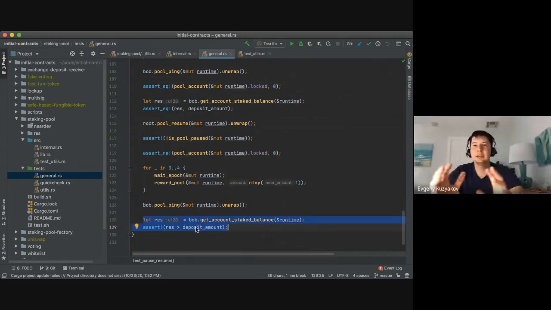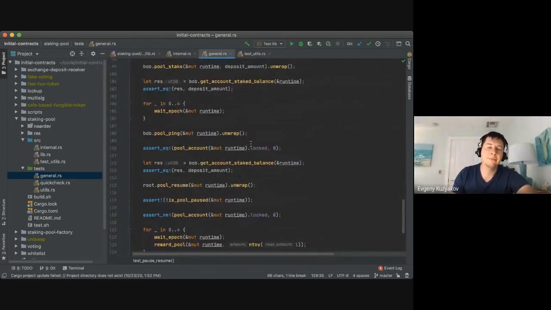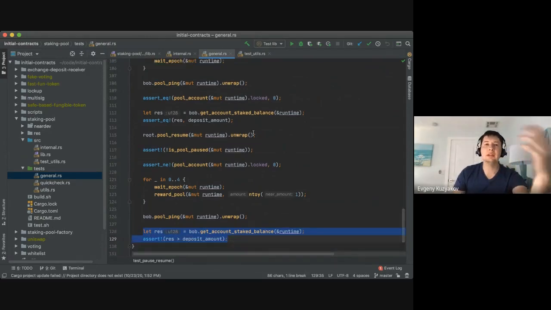That's a very simple simulation case, which says Bob first deposited to the pool, verifies that the pause and resume works, or simulates that it works, and makes sure that the pool doesn't stake while being paused. And then when resumed, the pool actually stakes. So this test verifies not only this, but also that Bob has acquired reward and got distributed the reward.